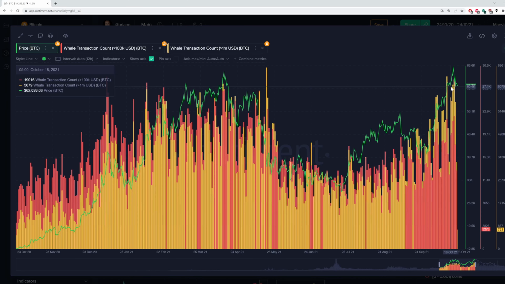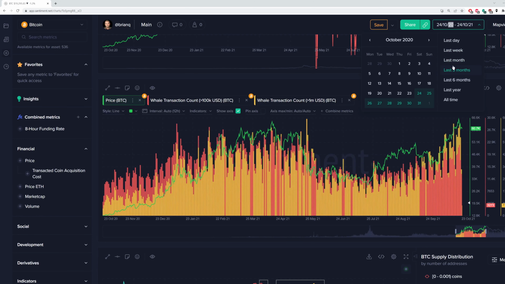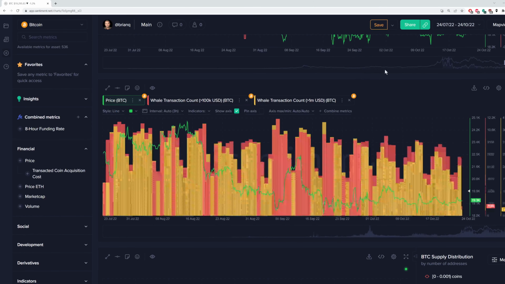Take it back, sorry, this is only going to 2021, so no wonder. This was all profit taking right before the early November all-time high. And you can see all the whales really taking profit at the October then all-time high, right before there was one more leg up just above it. But if we look at just the last 3 months, what do we see?